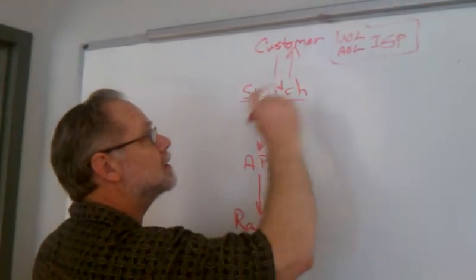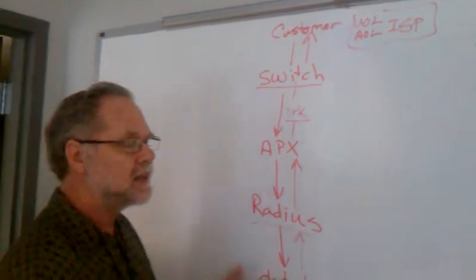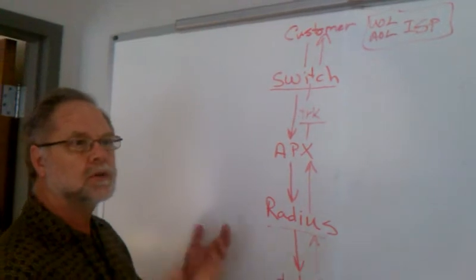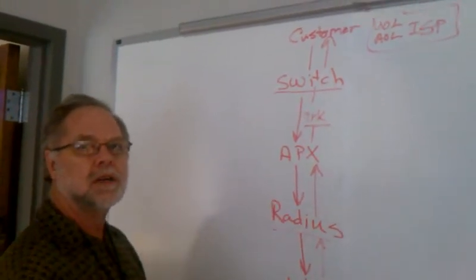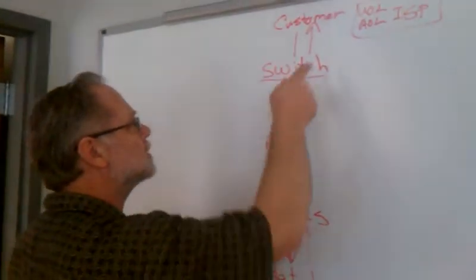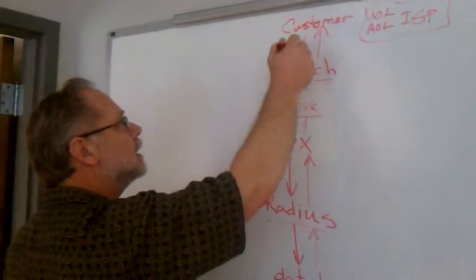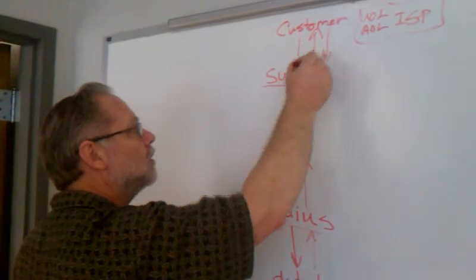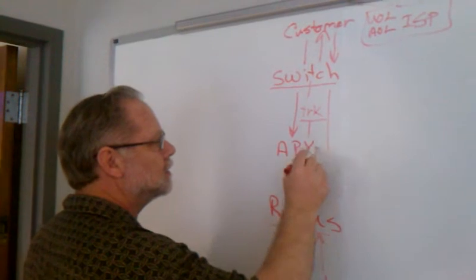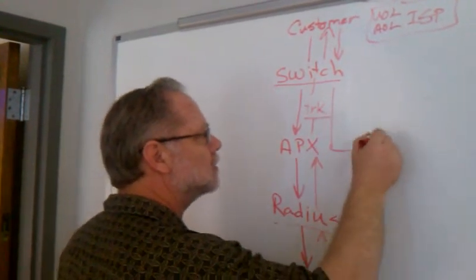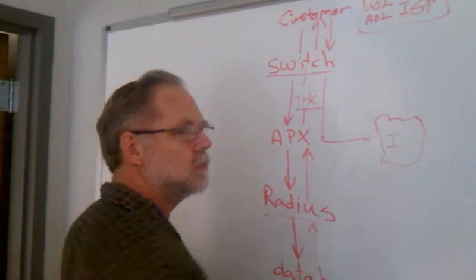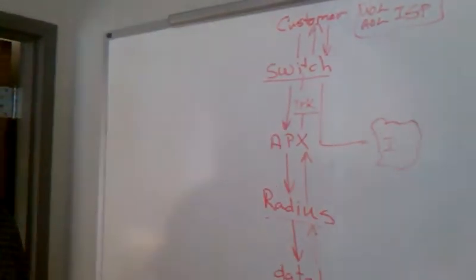The customer then prompts for the username and password to log in and get onto the network. Once they do that, we go back down to the apex, and it goes out to the internet, the big I.